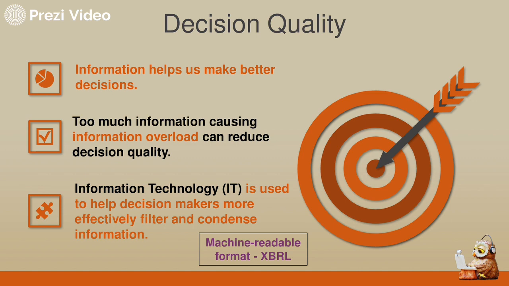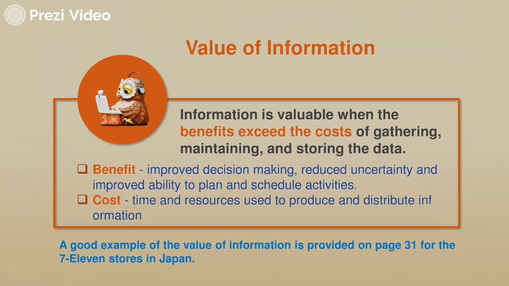Then the next thing in this learning outcome one is how to value the information. We say that information is valuable when the benefits exceed the cost. The benefits and the cost are related to the activities of gathering, maintaining, and storing the data.